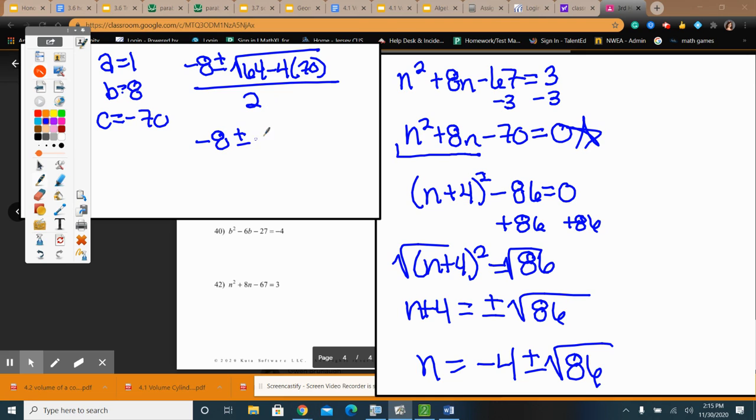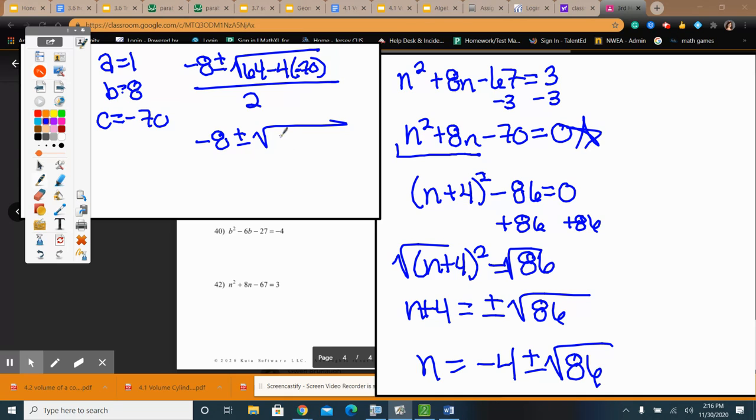It looks like I messed up somewhere. Negative B is negative 8. B squared minus 4 times A times C, which is negative 70. You see it? There it is, negative 70. So 64 minus 4 times negative 70. That's better.